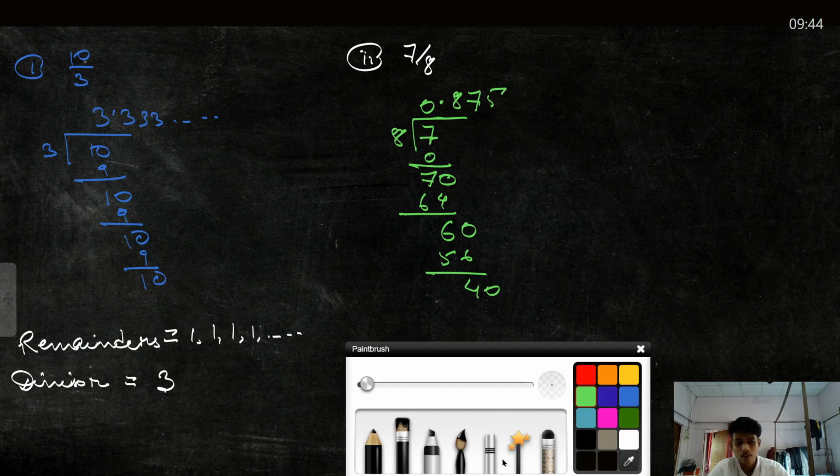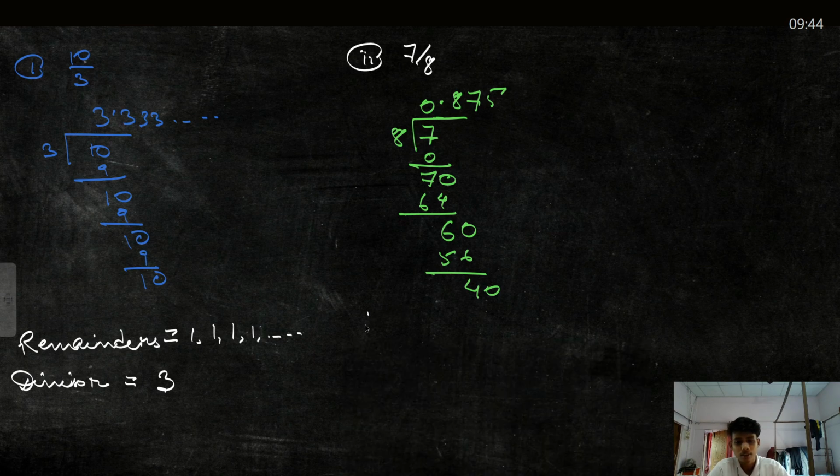Here we get the remainders as 6, 4, and 0. Now 8 times 5 is 40.